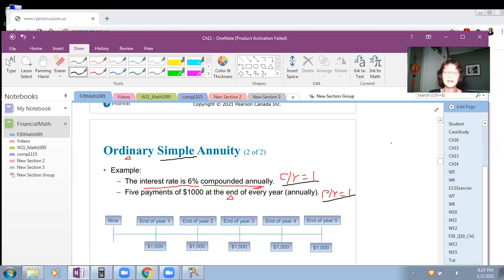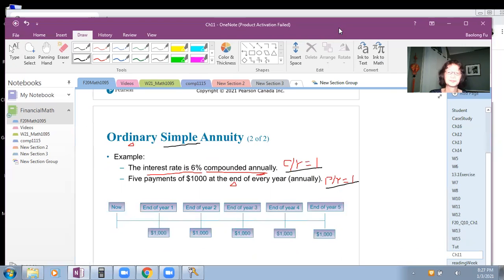And this is the diagram illustrating the payments. If this is now, because each payment is made at the end of each year, at the end of year 1 you have a 1,000 payment. End of year 2, 1,000 payment, and so on, to the end of year 5, 1,000 payment.